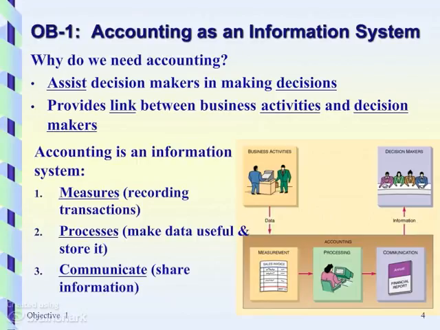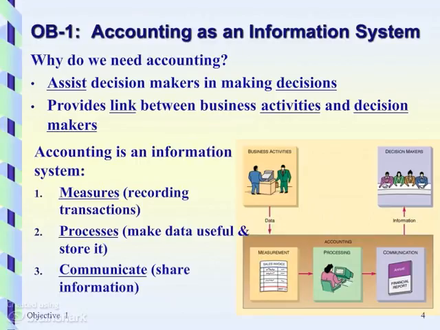By measure, we mean that accounting helps to record transactions. Processing data basically means taking that raw data from the transactions and making it into useful information and storing that information. And then lastly, they communicate. They help the business share the information so that the decision makers can make decisions.